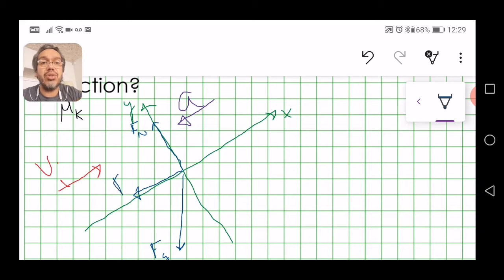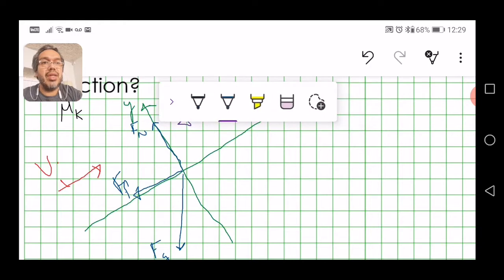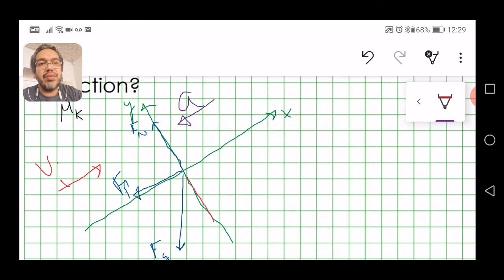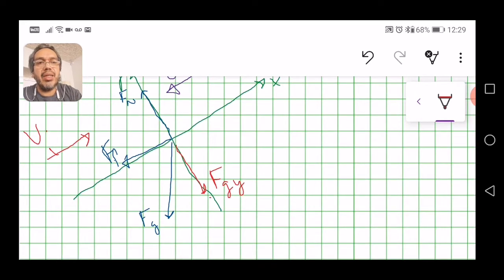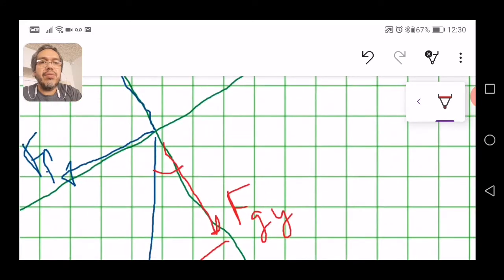Your friction is down the plane. And so you have a force of friction over there, and the components of your gravitational force are along the y-axis here, Fgy, and parallel to the x-axis here, Fgx. And of course, this angle is 40 degrees.